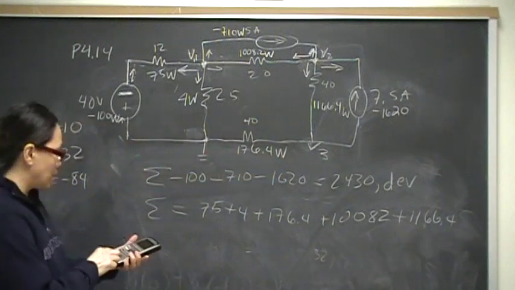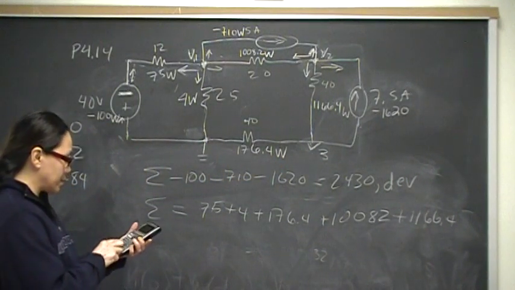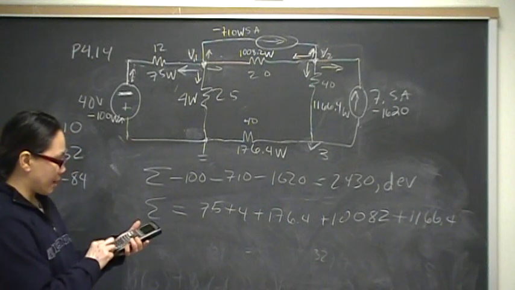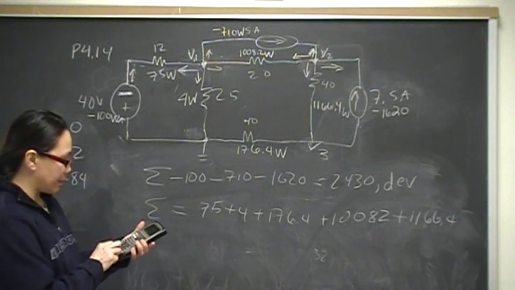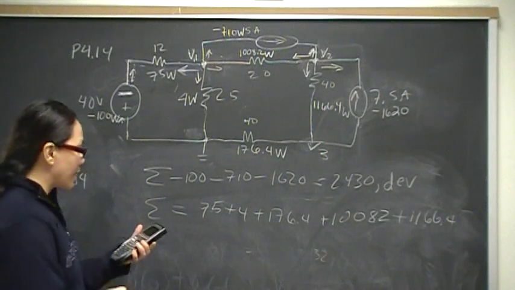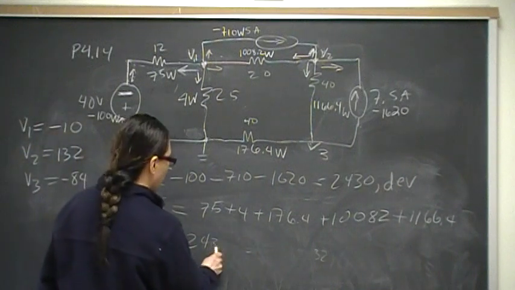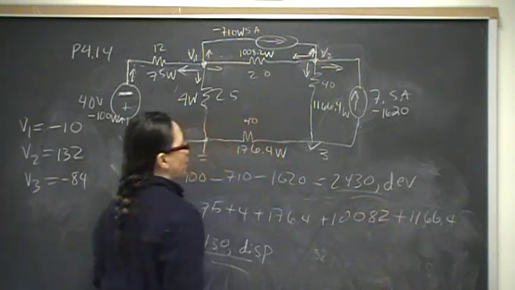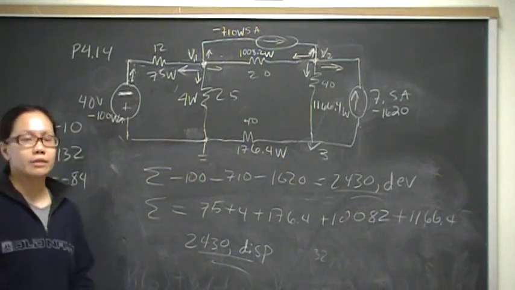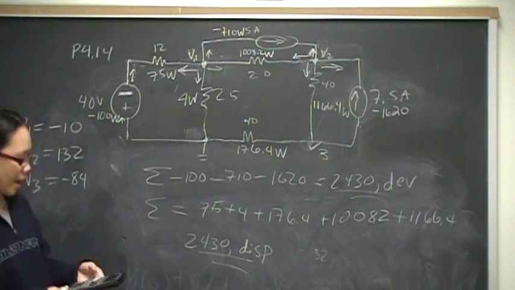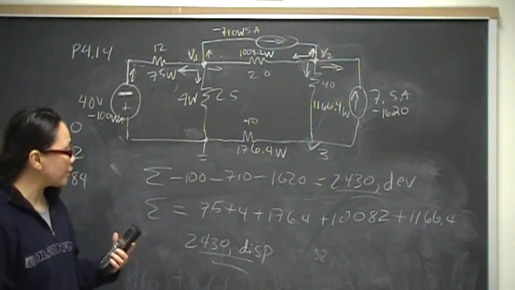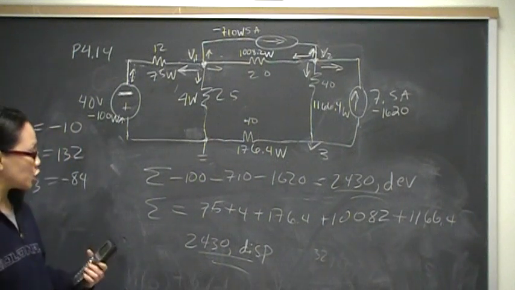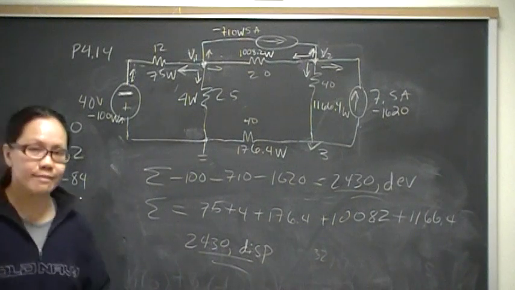Okay, so 75 plus 4 plus 176.4 plus 1008.2 plus 1166.4, and that gives me 2430 dissipated. So we have power developed equals power dissipated, and we prove that the circuit is balanced, and that is, no matter what your point of reference is, your power developed and your power dissipated will work out to be equal to each other, and they should work out to be 2430. Okay, that's it for today.